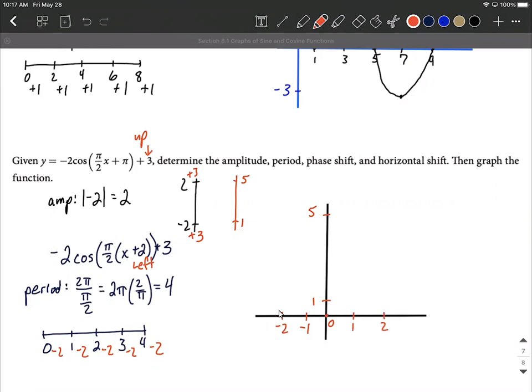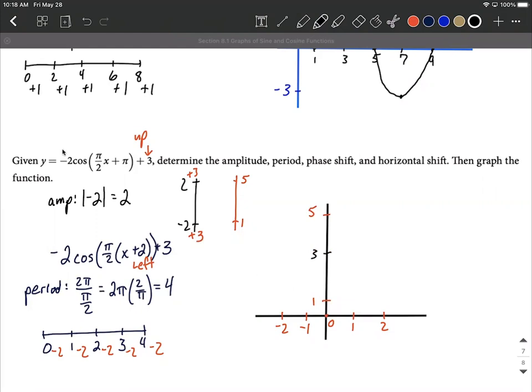Now that I have everything labeled, let's get started on putting it all together on a nice graph. Now you may say to yourself, well, between 1 and 5, our midline that would go straight through the middle of our graph is going to be at 3. So that may be a handy label to include as well. But remember, our cosine graph has been flipped upside down.